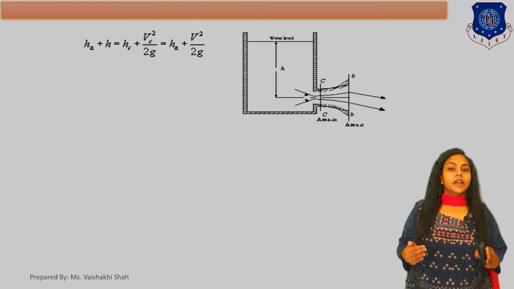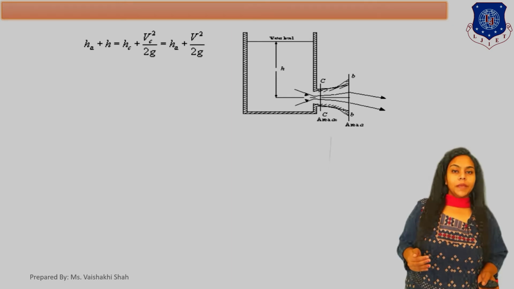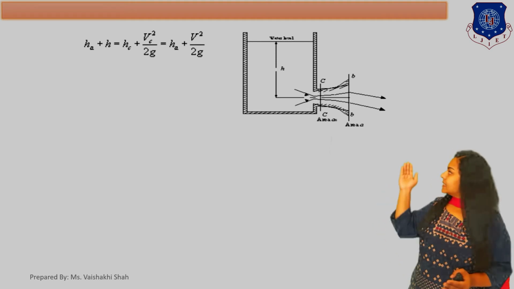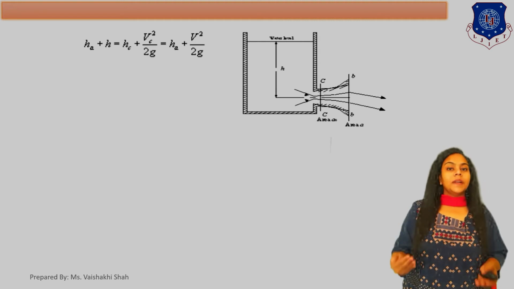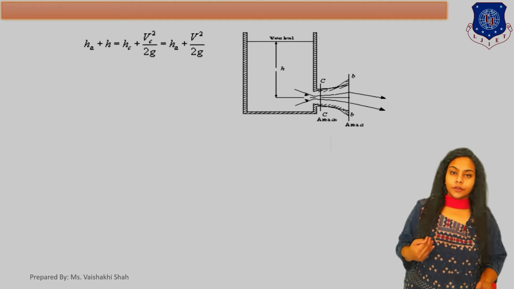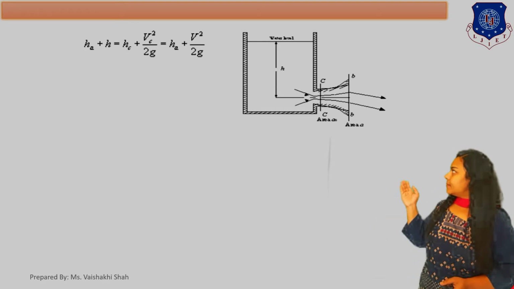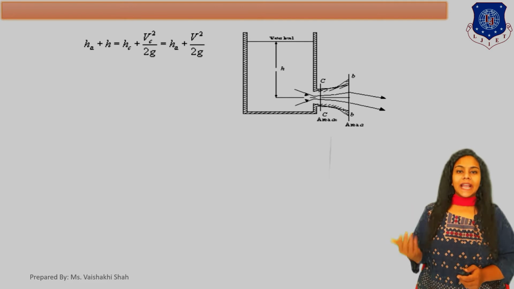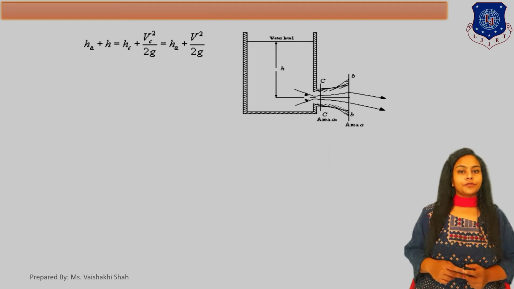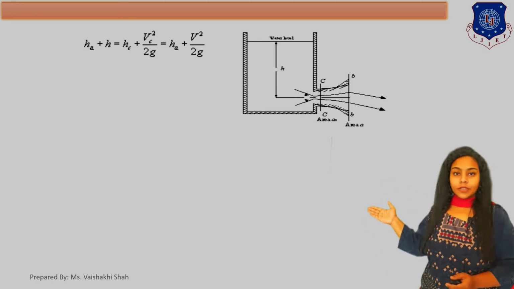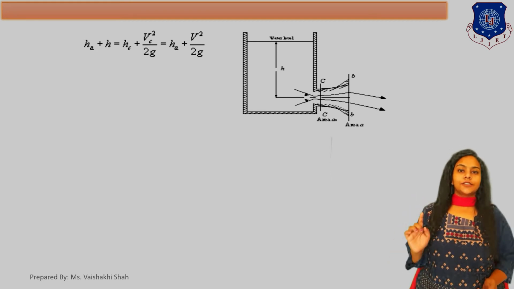So atmospheric pressure is acting on the liquid coming out from BB. So PB by rho g is HA, plus V square by 2g, with ZB equal to 0. So our Bernoulli's equation is HA plus H equals HC plus Vc square by 2g plus HA plus V square by 2g. This is our Bernoulli's equation on the free surface of the liquid, section CC and section BB.